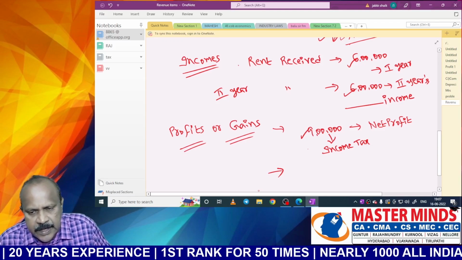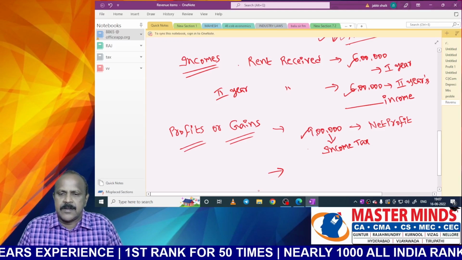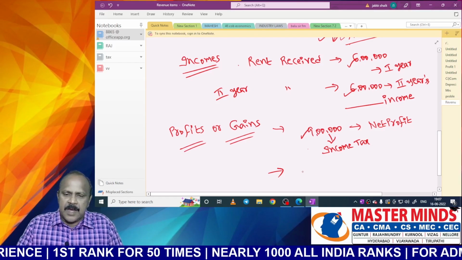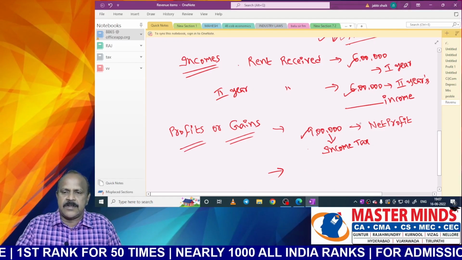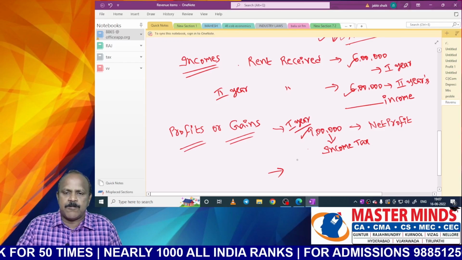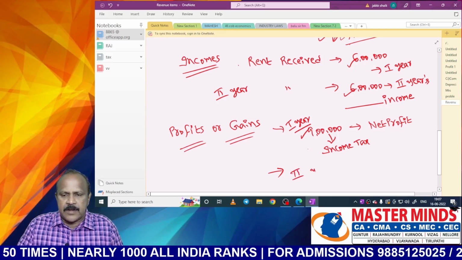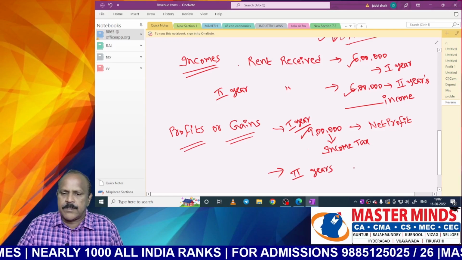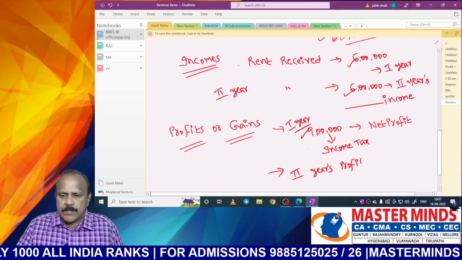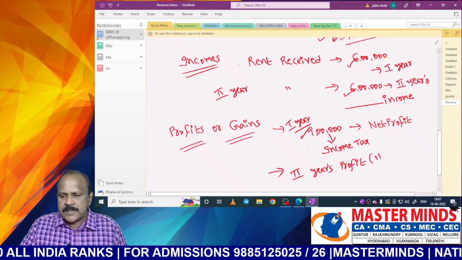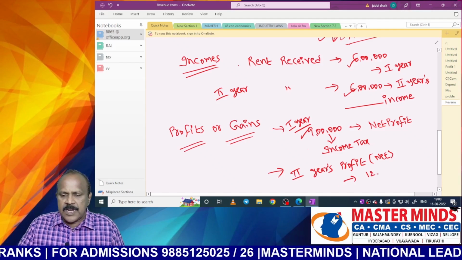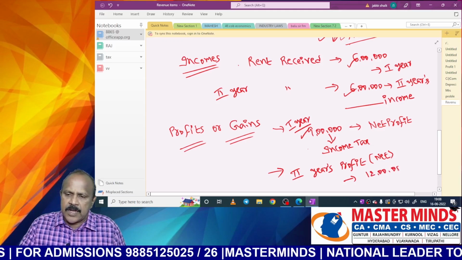We have got into second year, and we have worked hard all through the second year, and second year's net profit is calculated to be 12 lakhs, students, 12 lakhs.